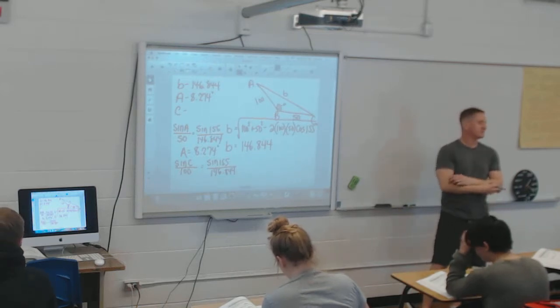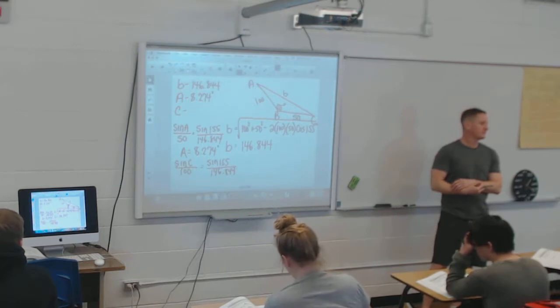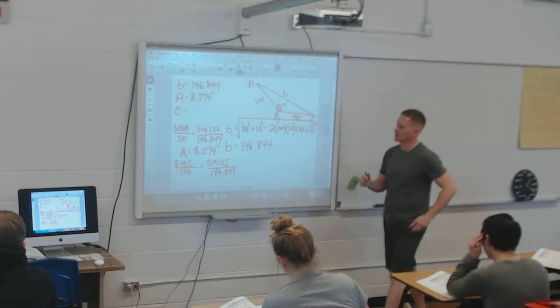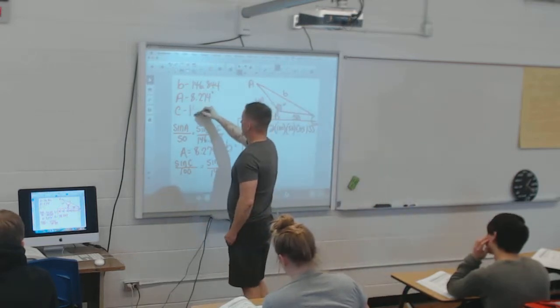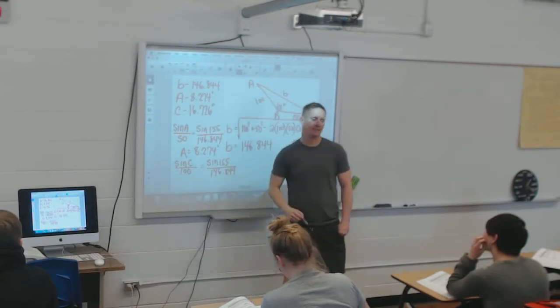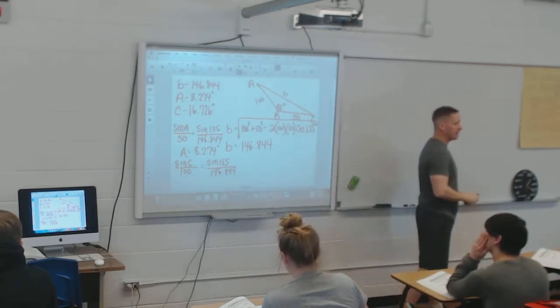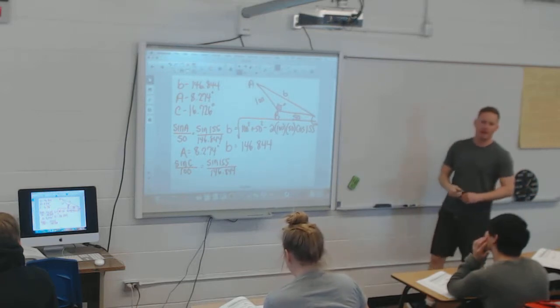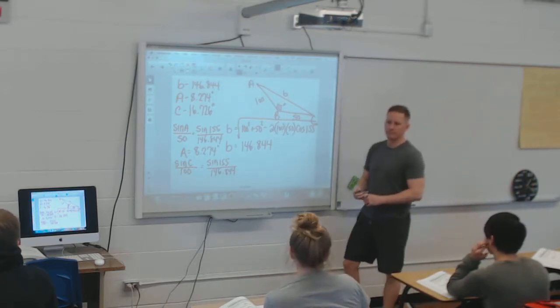Oh yeah, I forgot the zero. 16.726 degrees. Now what should I do? Add all the angles up, and if they equal 180, I probably have the whole question right. And they do.